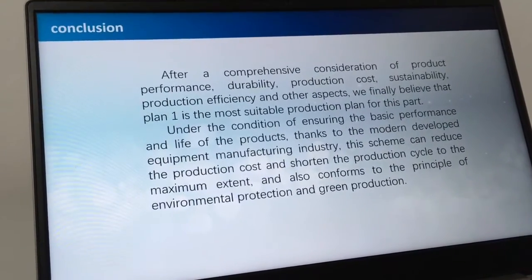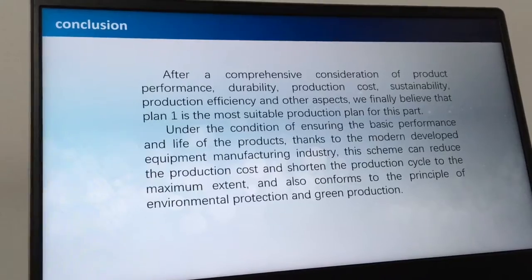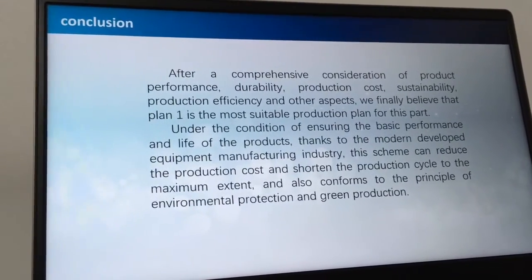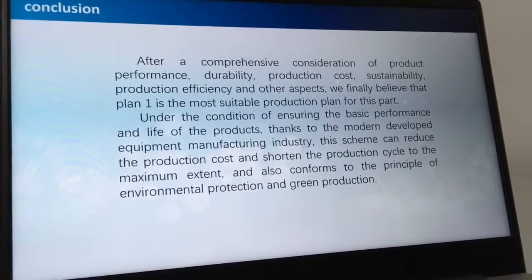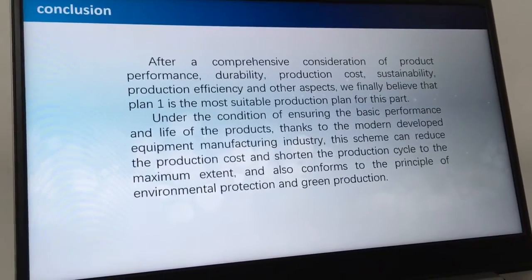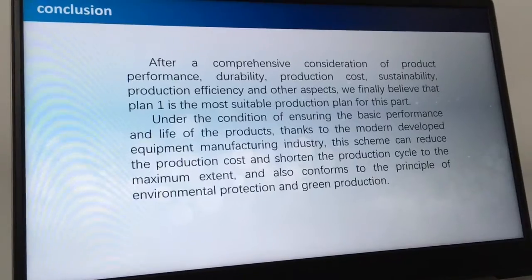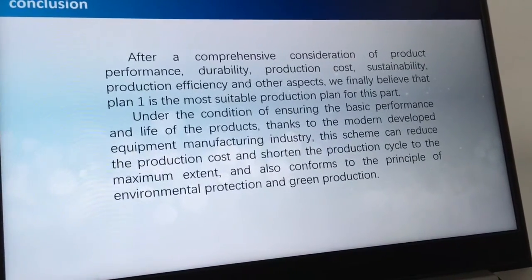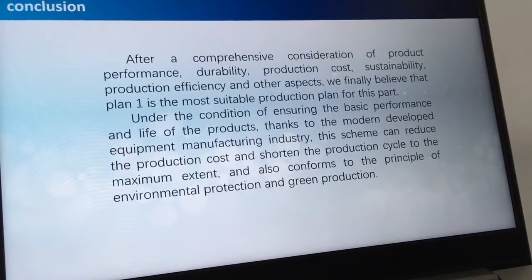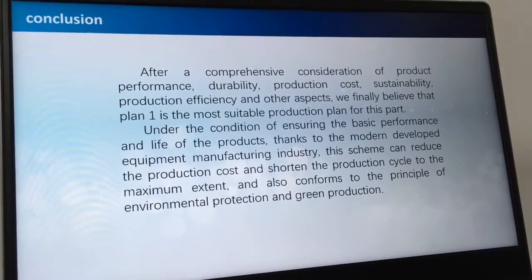While ensuring the basic performance and life of the products, thanks to the modern developed equipment manufacturing industry, this scheme can reduce the production cost and shorten the production cycle to the maximum extent, and also conforms to the principle of environmental protection and green production.